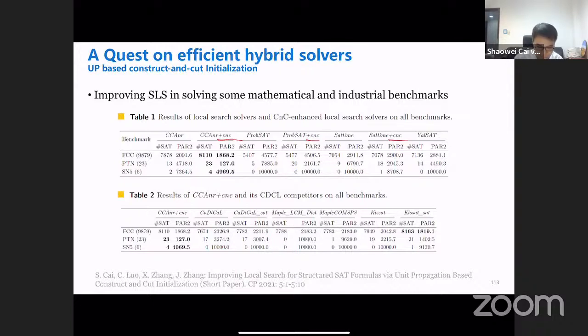And as we can see, for the benchmarks, the latter two are mathematical problems, and the first benchmark is a real-world industry benchmark. This CCNR plus CNC can be competitive to the state-of-the-art CDCL solvers. In some sense, it's better.